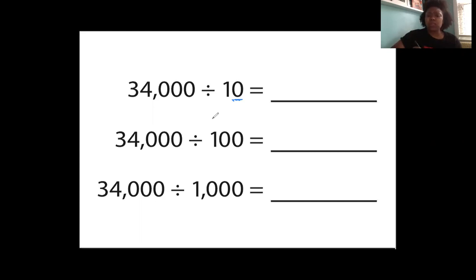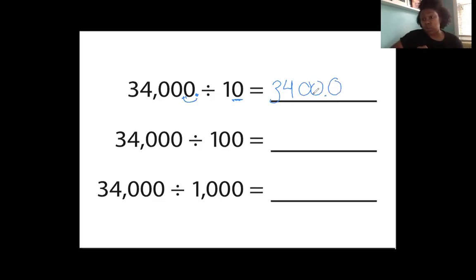Well, 34,000, that's a whole number, which means it does have an invisible decimal like we just talked about, and it's right there at the end. So we need to jump it 1 digit to the left. So I'm gonna jump one of those zeros, okay? So that means in my answer, I'm gonna have 3,400.0.